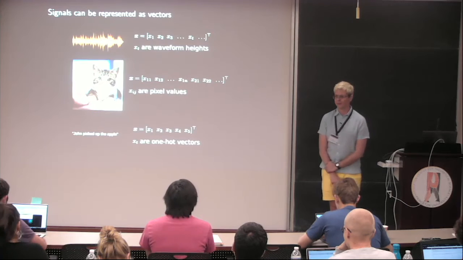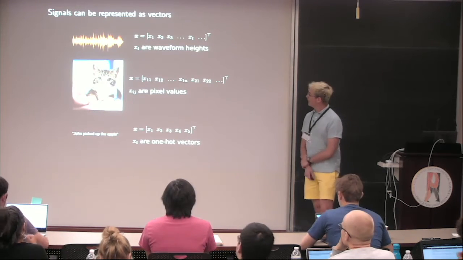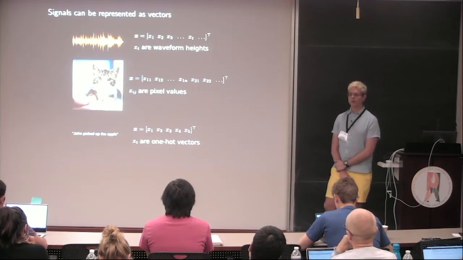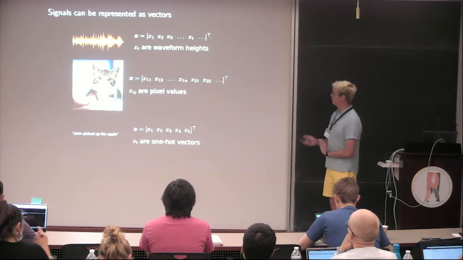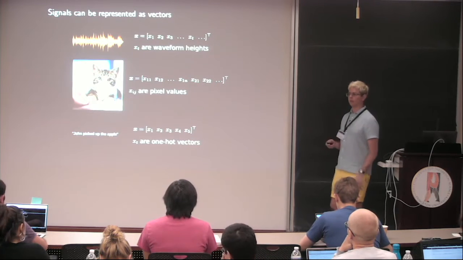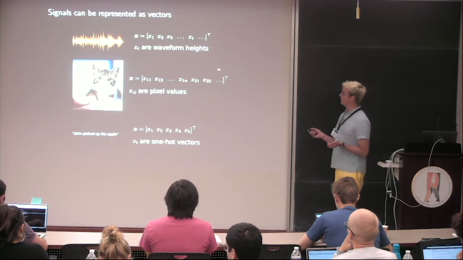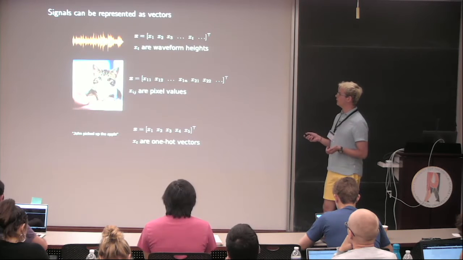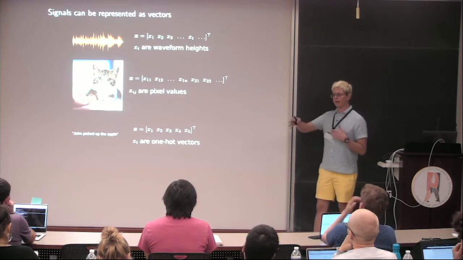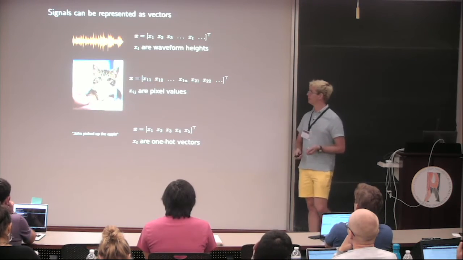Nice picture of a cat. All right, so signals can be represented as vectors. For example, if we deal with a one-dimensional tensor, like we have seen last time, which means it's a vector, we can represent a waveform where every sample, the height of the sample, may represent the air displacement measured by a microphone.